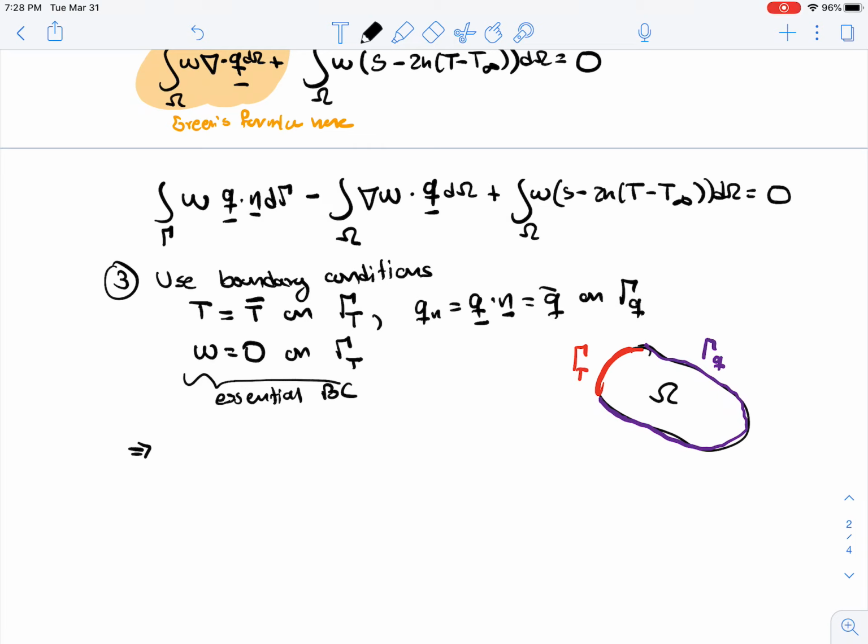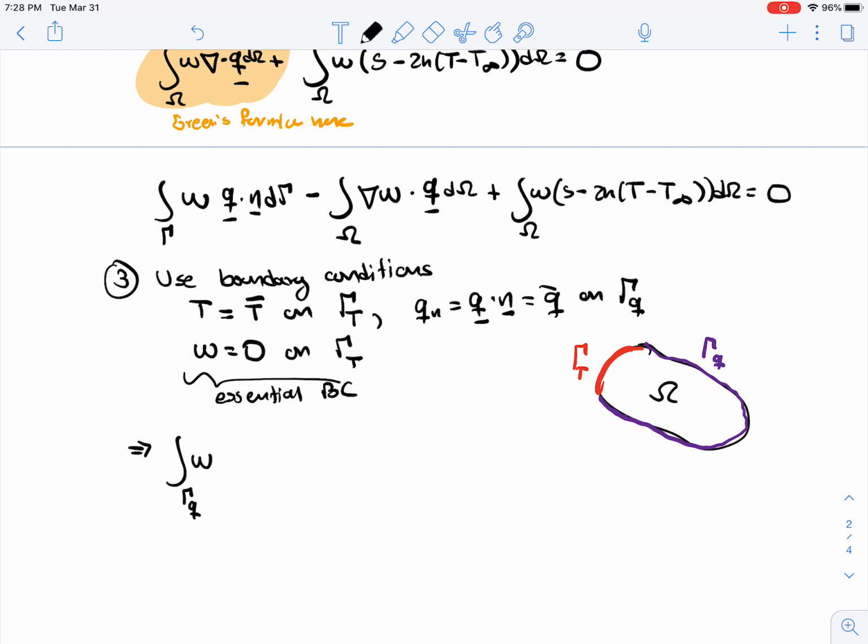So this integral is an integral over the entire boundary, but I can split it into an integral over the part of the boundary that has the flux boundary condition. I'm just simplifying: instead of q dot n, I'm putting qn here, plus the part of the integral over the boundary that has an essential boundary condition.